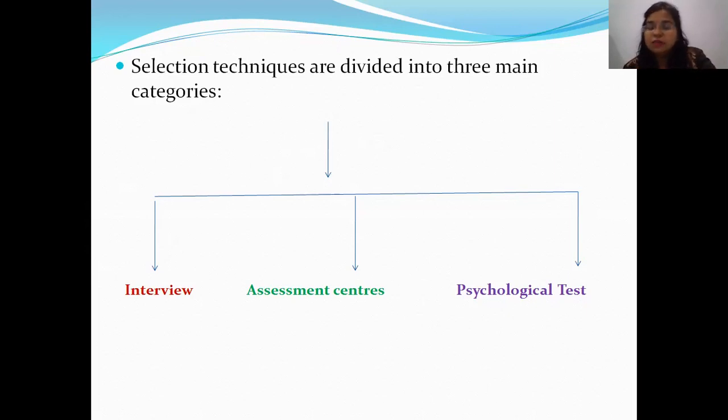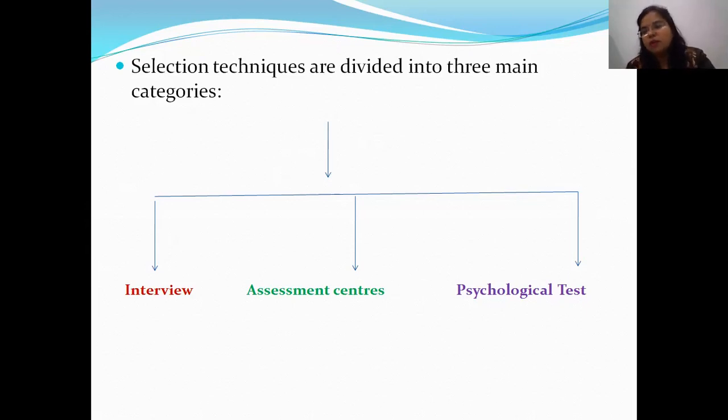Basically, in the interview method, the physical appearance, confidence, and communication skills are judged. And second is assessment center. In the assessment center, basically the behavior of the candidate is assessed by using different exercises and different tools. We check here whether the candidate suits the organizational environment or the requirement of the job or not.